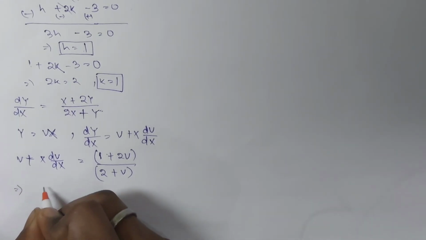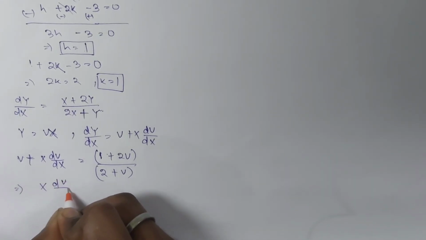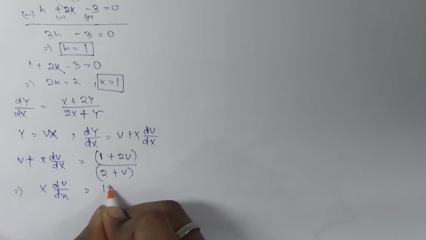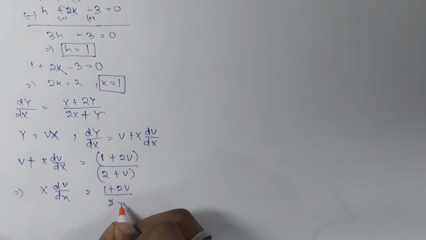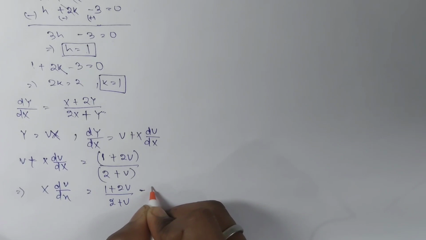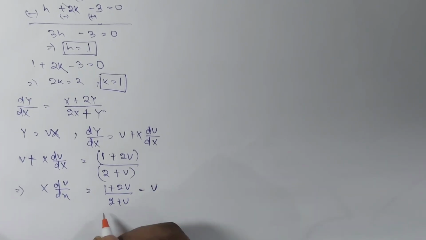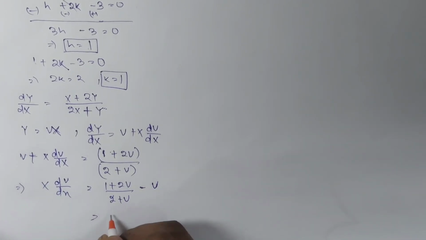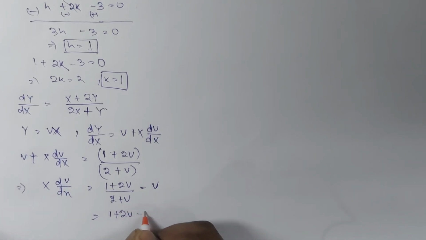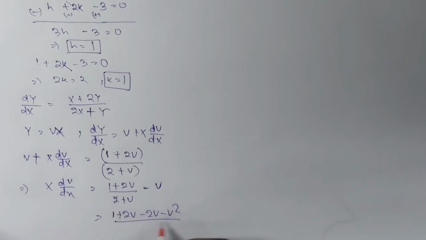Then the equation becomes x dv by dx equals 1 plus 2v by 2 plus v minus v.